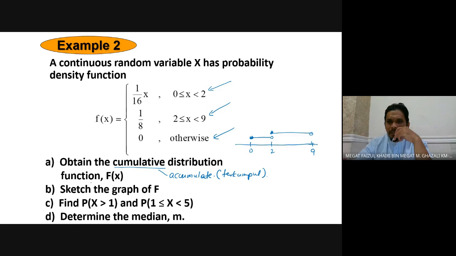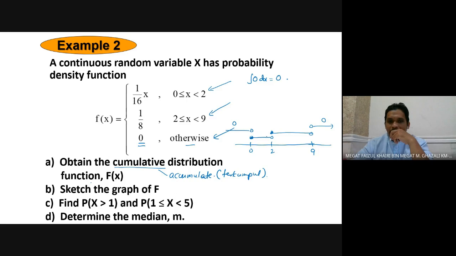The 0 otherwise means that besides 0 until 2 and 2 until 9, the rest of the domain of the function is 0. So the integral of 0 dx for sure is going to be equal to 0.